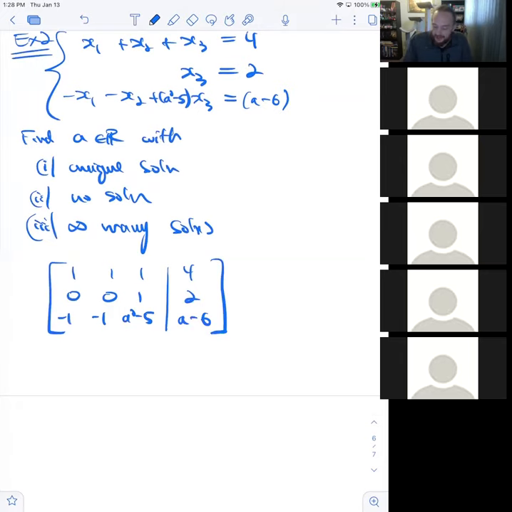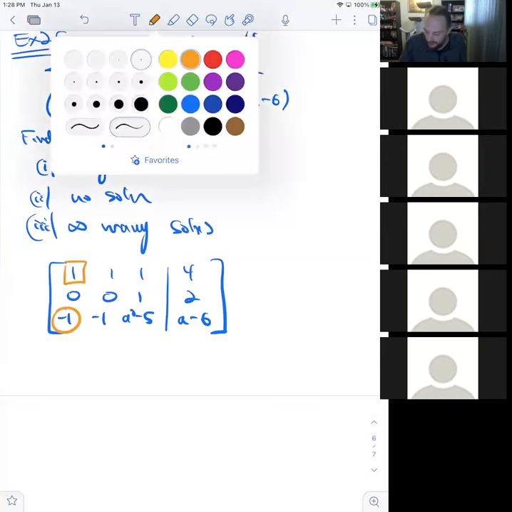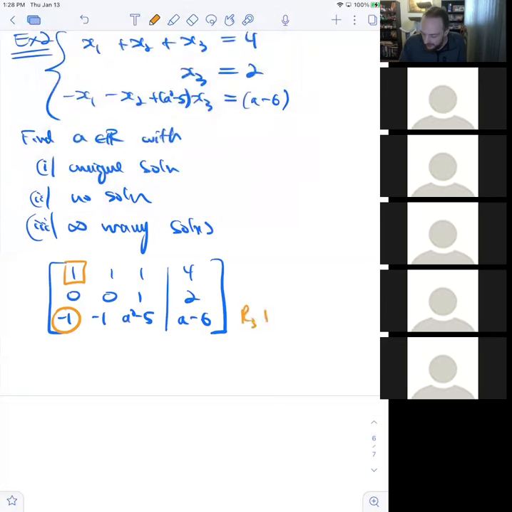Is this an REF? No, because this leading entry has to have zeros below it. Therefore, I'm going to do a row 3 operation. What I'm trying to do is turn this into an REF, and once you get close to an REF, there will be cases when you want to divide by a squared or something like this.